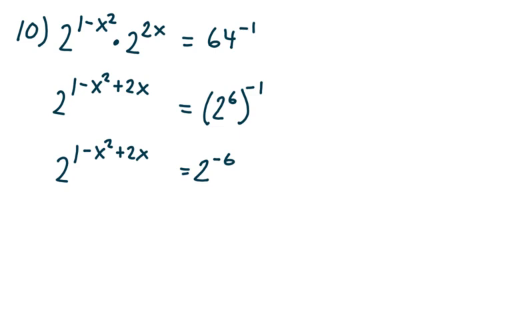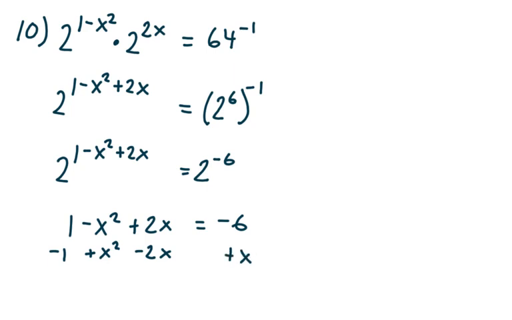Well, I can set them both equal to each other, right? So 1 minus x squared plus 2x is equal to negative 6. Now, I'm going to subtract 1, add x squared, and then subtract 2x. And I'm just going to do the same thing over to the other side.